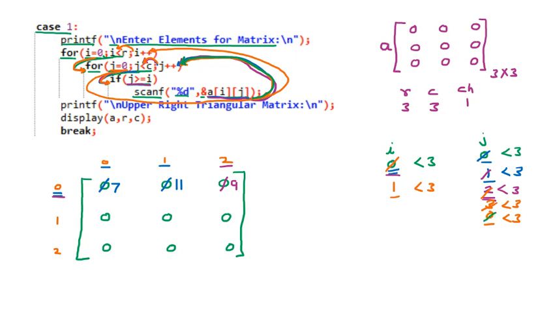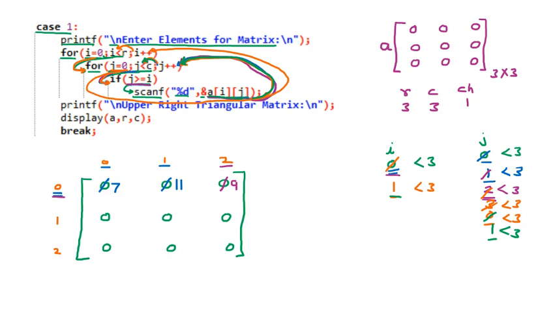So j is now incremented to 1. Is j less than 3? 1 less than 3? True. Then coming down, is j greater than or equal to i? 1 equal to 1? True. So it is coming inside, asking for a[i][j].